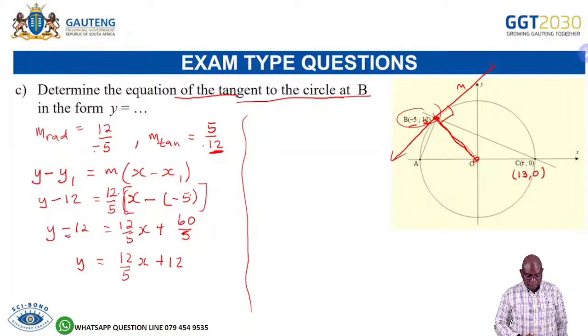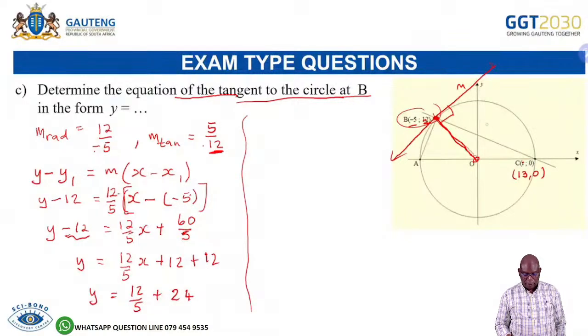Then I take the minus 12 to that side, it will be plus 12. So now the equation of the line will be y equals 12 over 5 plus 24.